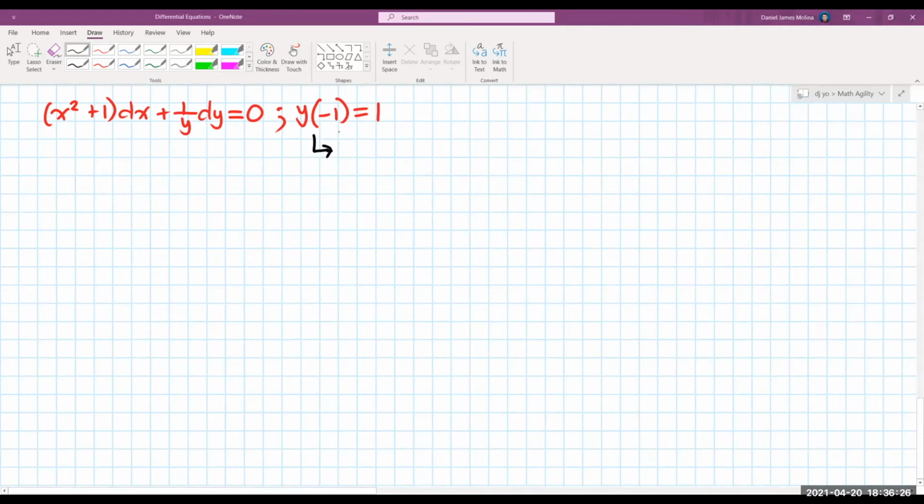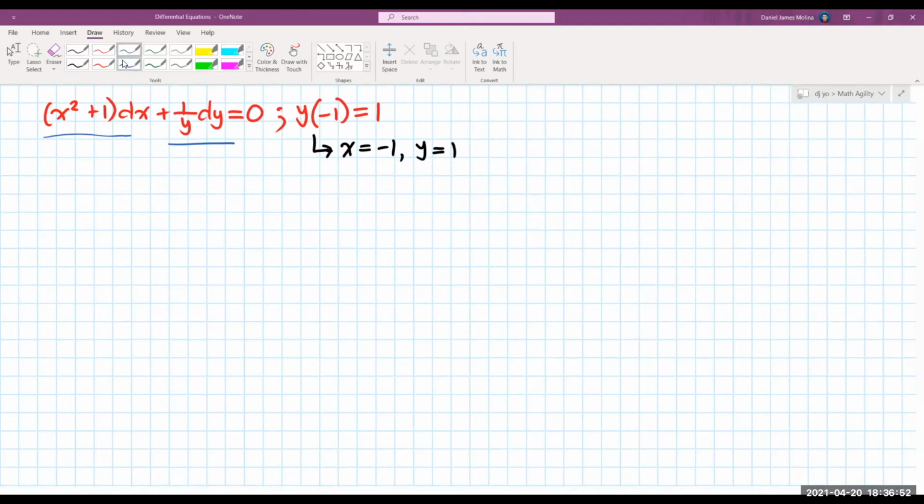It only means that when the value of x is -1, the value of y is equal to 1. So to use this initial condition, we'll solve our differential equation first. We can notice from our differential equation that the variables are already separated. So it's a variable separable differential equation.